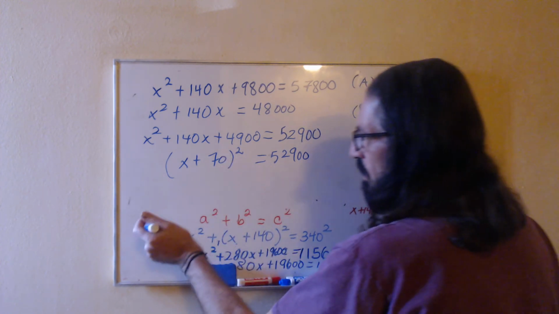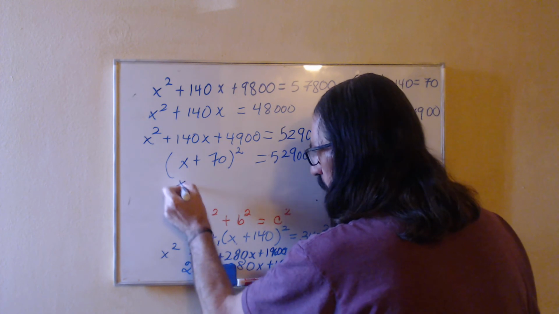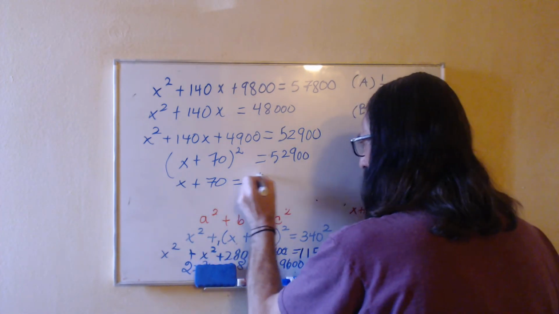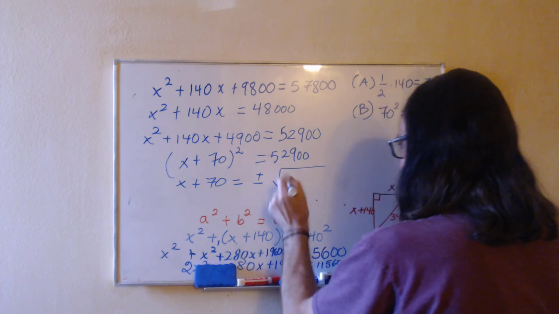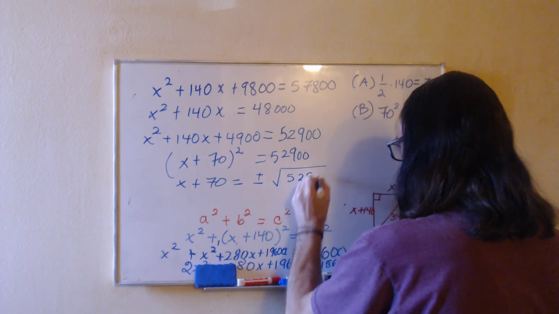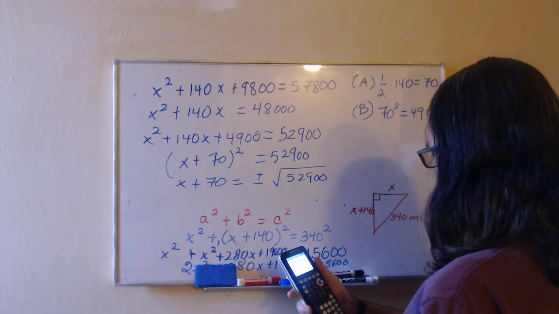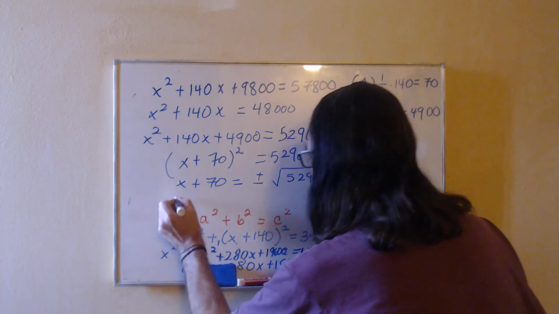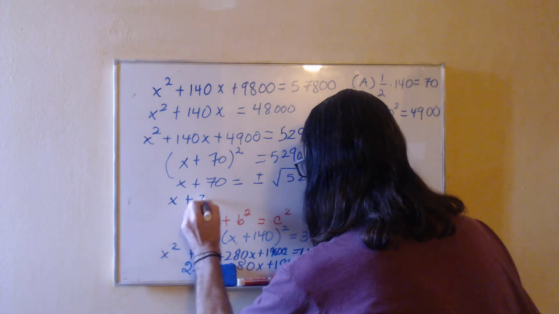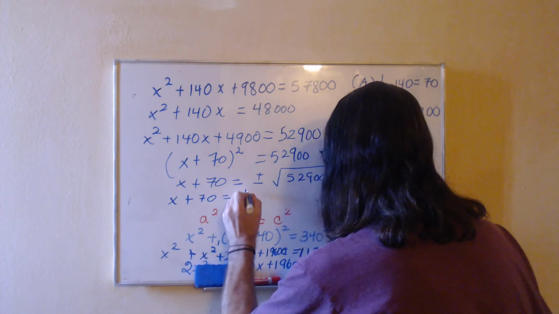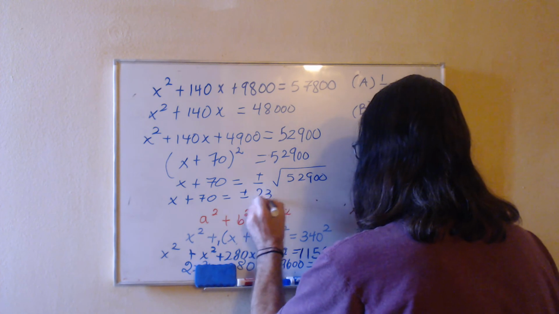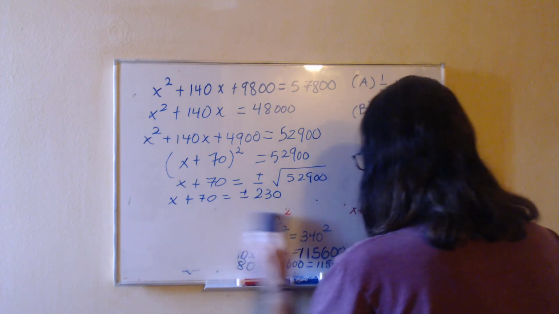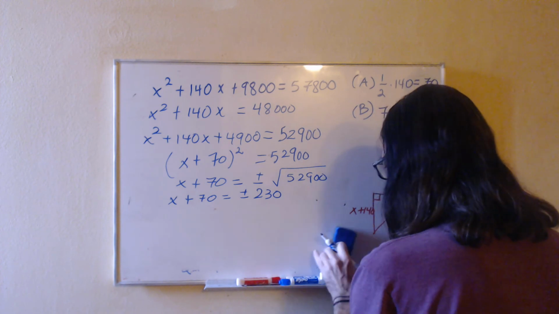So when we apply the square root property on the left hand side, it cancels. Can't forget the plus or minus. The square root of 52,900 is 230. So I'll subtract the 70 to isolate x.